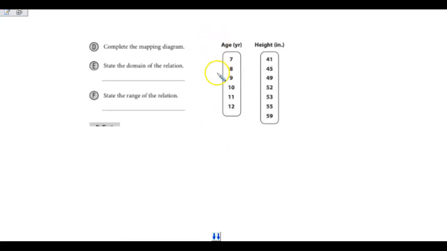We can even do the mapping diagram with the same information. We have 7 to 41, 8 to 45, 9 to 49, 10 to 52, 10 also to 53, 11 to 55, and 12 to 59. The domain of the relation is the x values. And the range is my y values.